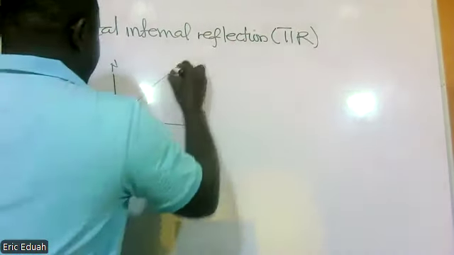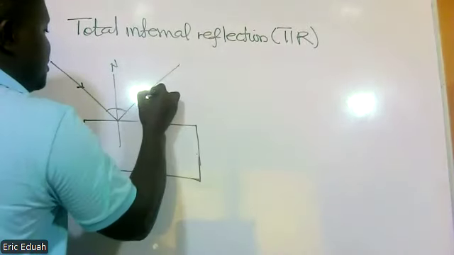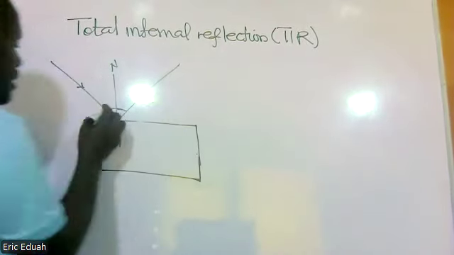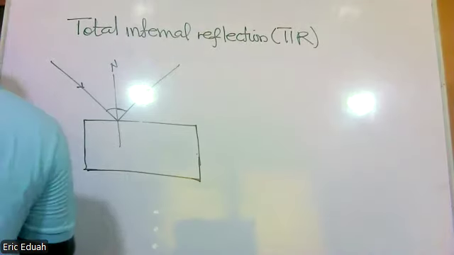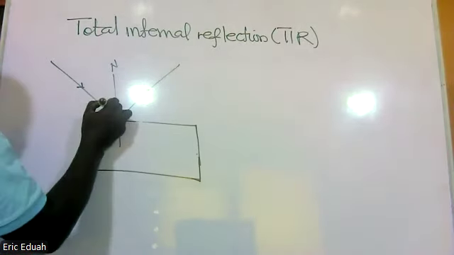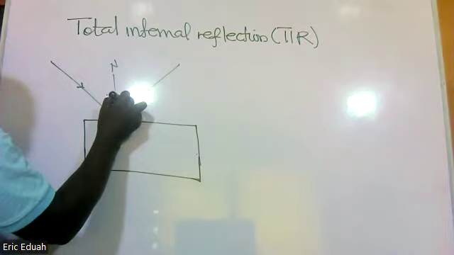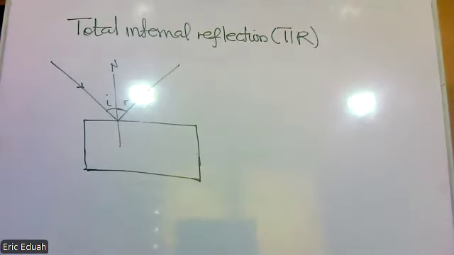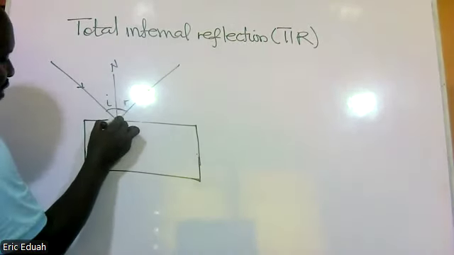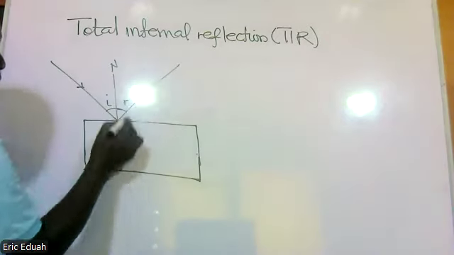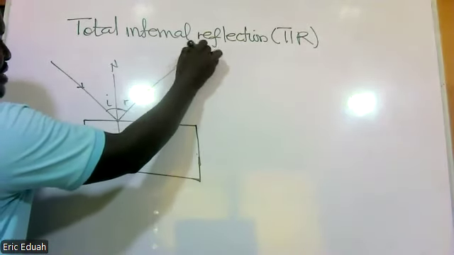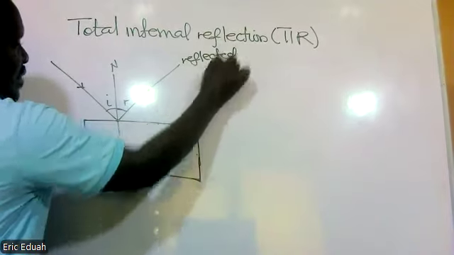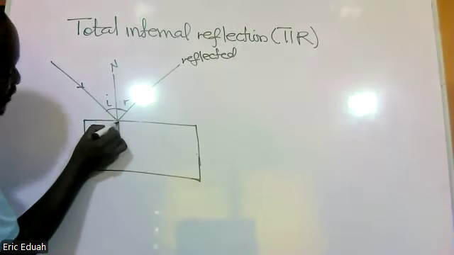So this is the reflected ray, and it obeys the laws of reflection, that angle of incidence equals angle of reflection. Now, part of this incident light will be reflected. So there's the reflected. And then part of it would also be refracted.